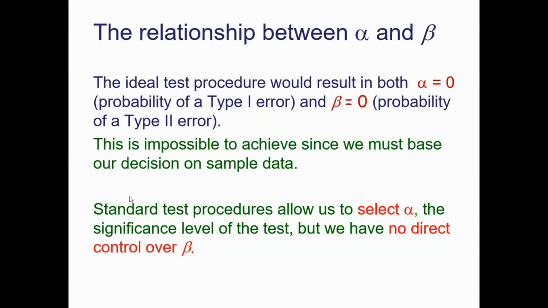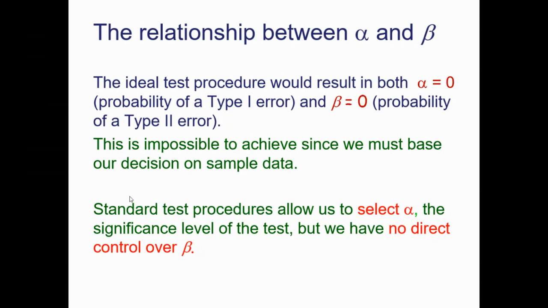But this is impossible to achieve because we must base our decision on sample data. And what have we learned about sample data? The raw data itself may not have errors per se, but it moves around, it varies.